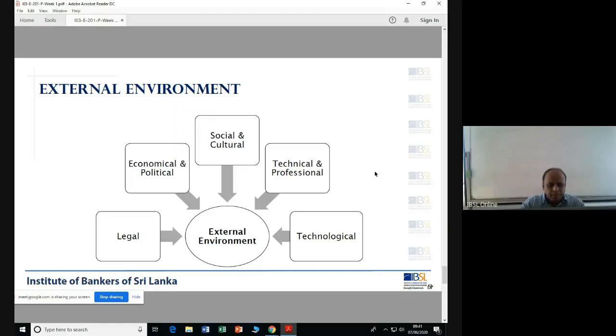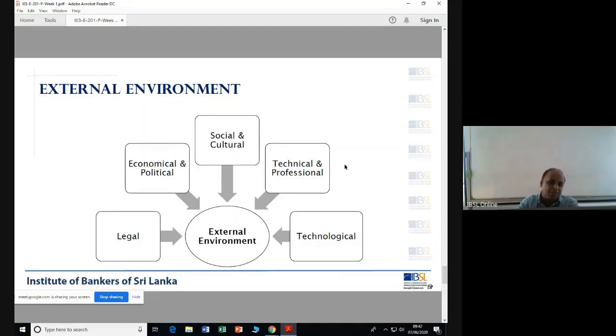For example, I can quote one institution, the CA Sri Lanka, the Institute of Chartered Accountants of Sri Lanka. They are the professional body which governs and ensures strong governance and strong ethics being followed by companies in terms of financial reporting.